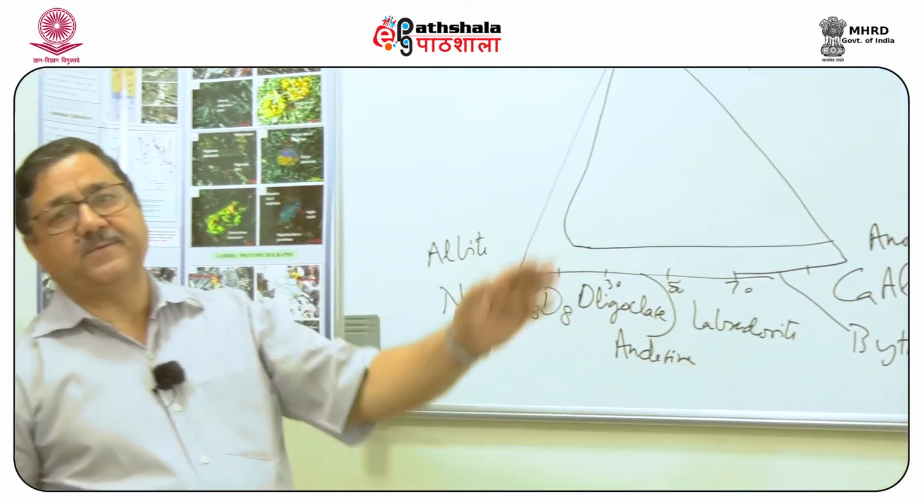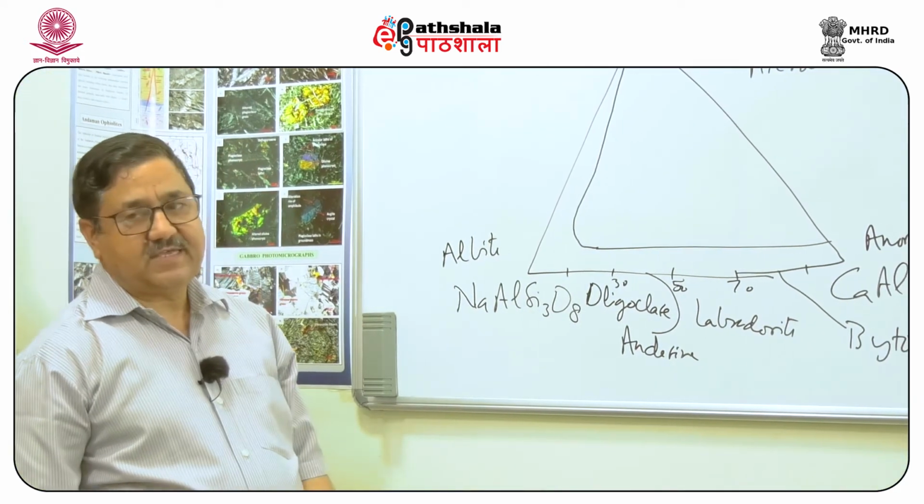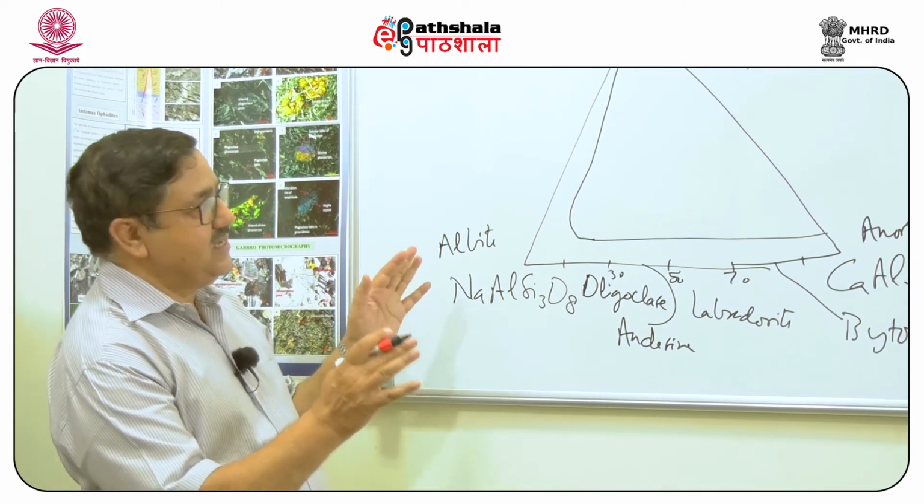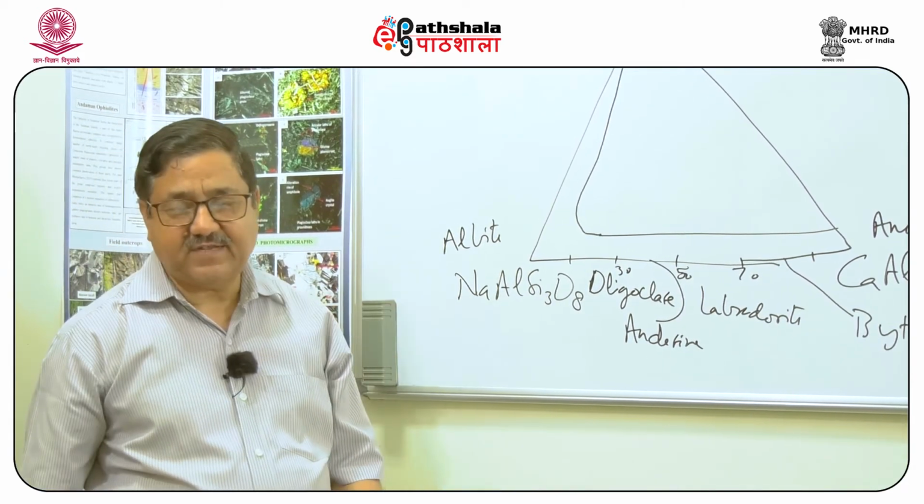From 90 to 100 the feldspar is known as anorthite. So, these are the major names or major divisions of the feldspar.